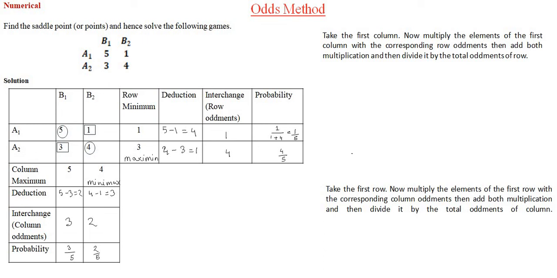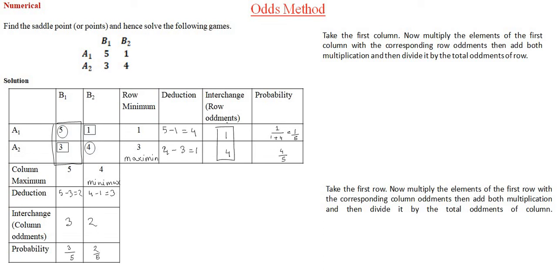For that, let us first consider the first column. In the first column, as you can see here, we have the values 5 and 3. Against this, we have the row oddments 1 and 4.